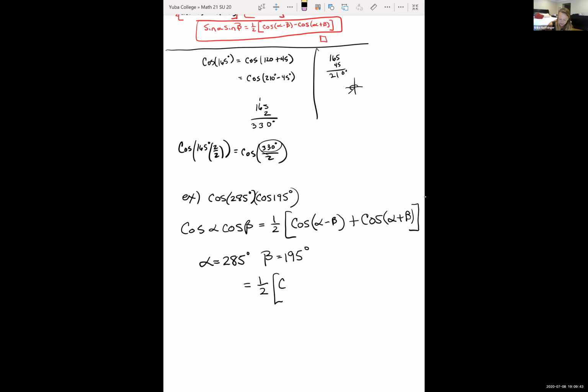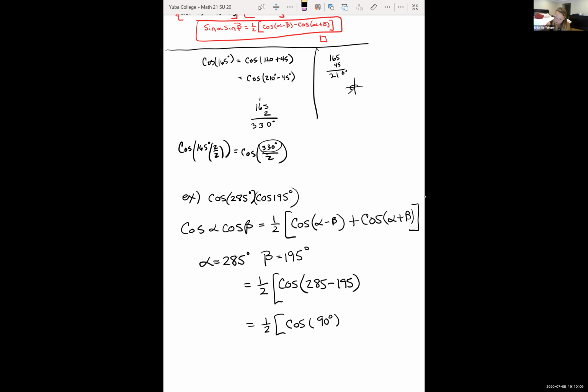Alpha minus beta, that's 285 minus 195, and that's 90 degrees. Below, that's 1/2 times cosine of 90 degrees.